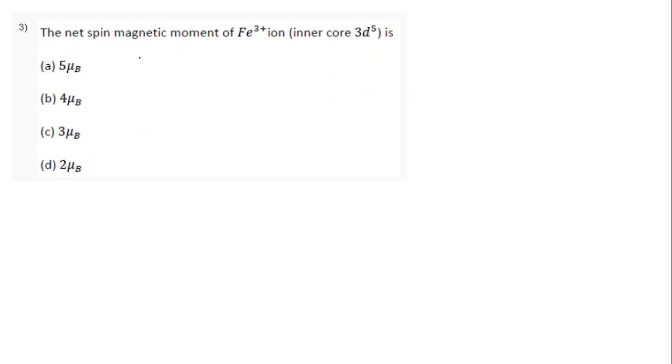Next question is the net spin magnetic moment of the Fe3+ ion. Iron's atomic number is 26, and its electronic configuration is 1s2, 2s2, 2p6, 3s2, 3p6, 4s2, and 3d6.